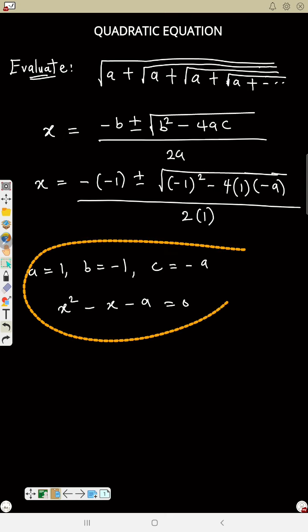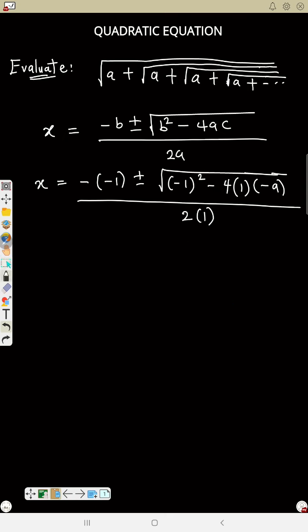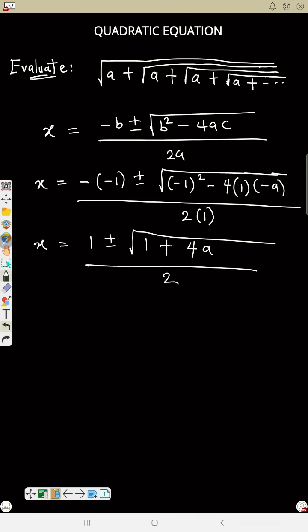So x is equal to, minus times minus is plus, that is 1 plus or minus square root of 1 squared, that is 1, then minus times minus is plus, 4 times a is 4a, divided by 2 times 1, 2.